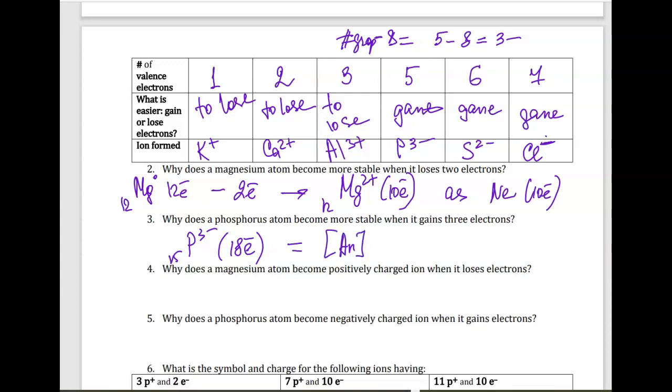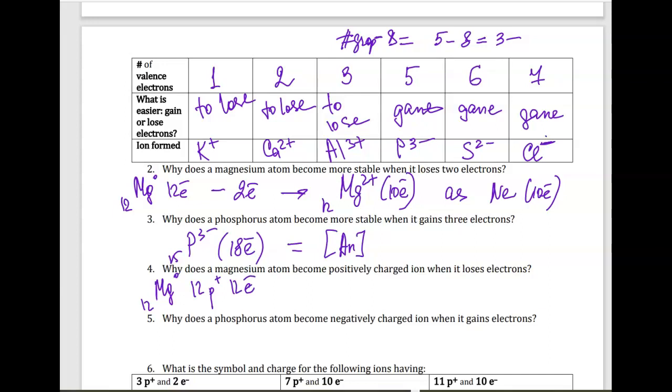Why does the magnesium atom become positively charged ion when it loses electrons? Let's do this. So for magnesium atom, it has the same amount of protons and the same amount of electrons. So, and this gives us neutral atom, right?